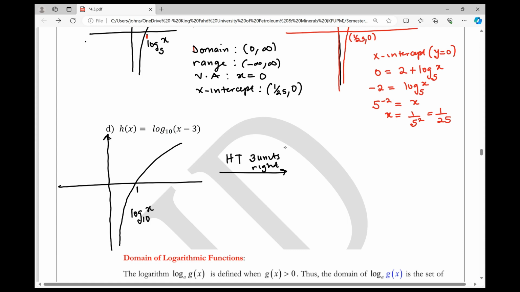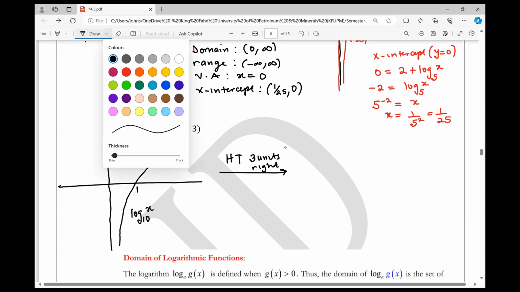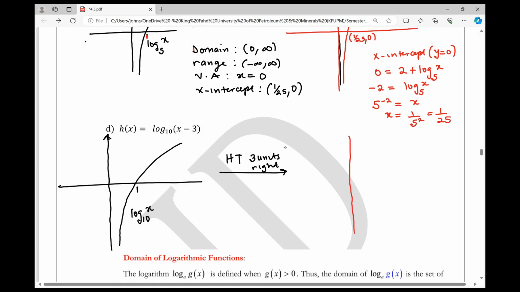So what that means is the transformed graph is going to be something like this. You just need to move 3 units to the right. This is 1. But look here, the asymptote is at x equals 0, right? So if we move 3 units to the right, look at the x-intercept here.